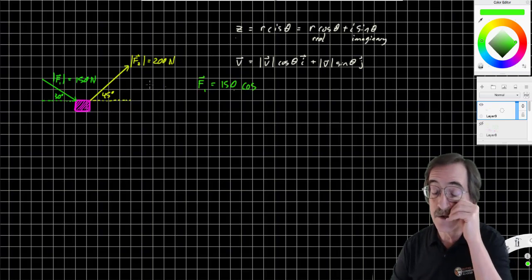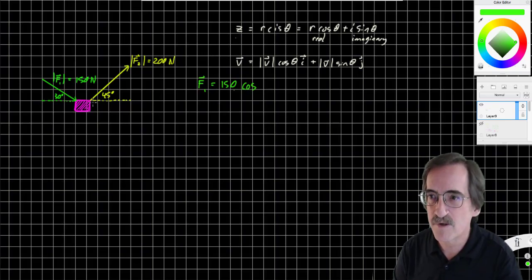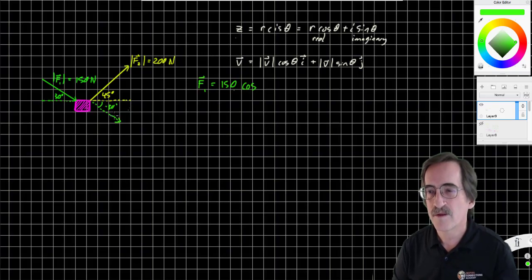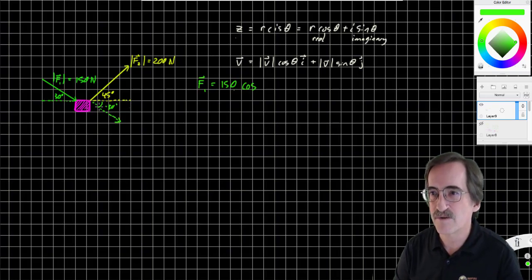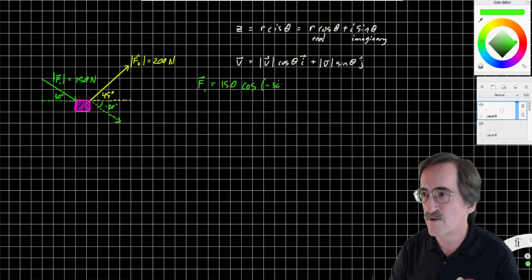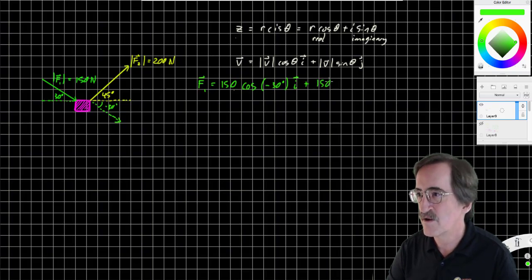Now, if I superimpose this down here, this is negative 30 degrees, right? Stacking them, putting them in the same origin point. So cosine of negative 30 degrees times i, plus the magnitude of the vector, 150, times sine of negative 30, j.